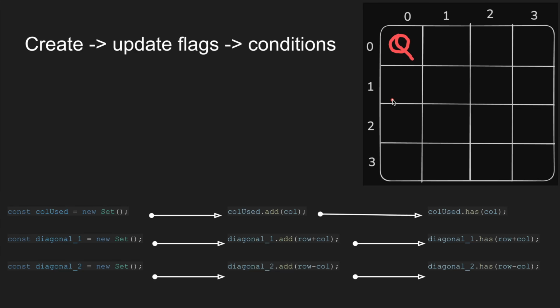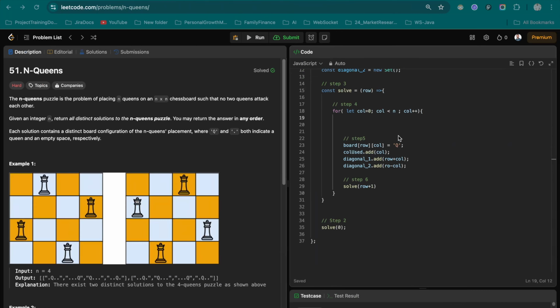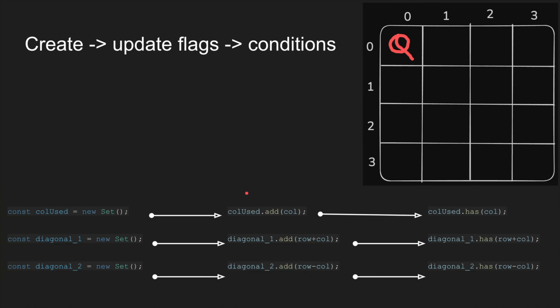Okay, now we updated the flags, that is column used dot add column, means column 0 is added. Then diagonal 1, row plus column, means 0 plus 0, that is 0 is added.